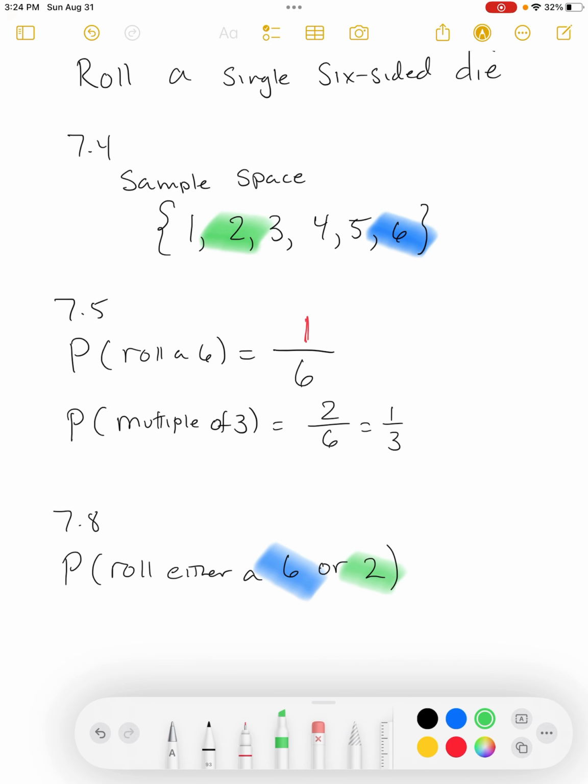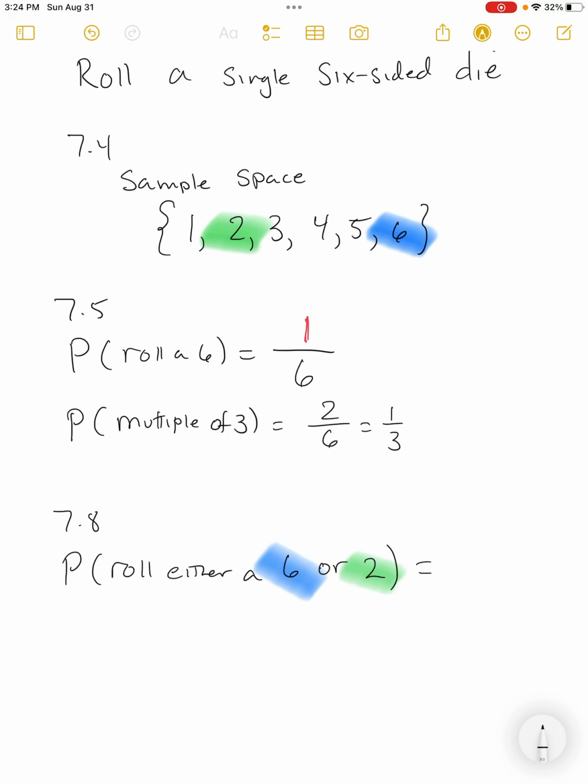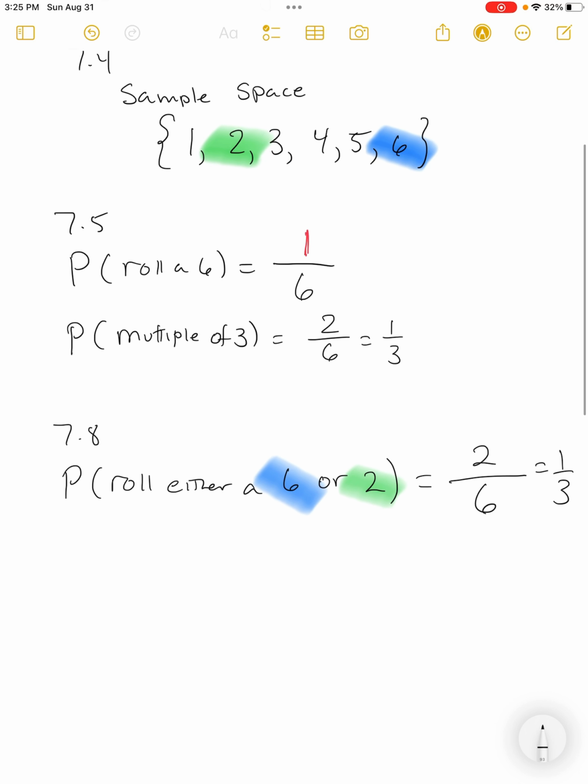So the probability that I roll either a 6 or a 2: there's 6 possible outcomes, and only 2 of which I'll be successful on. So again, it's 2 out of 6 or 1/3, but for a completely different reason. There's no real formula to use there. It really just is, okay, what do they want? What's going to be a success for me? How many times is that happening overall? So let's go a little bit deeper.